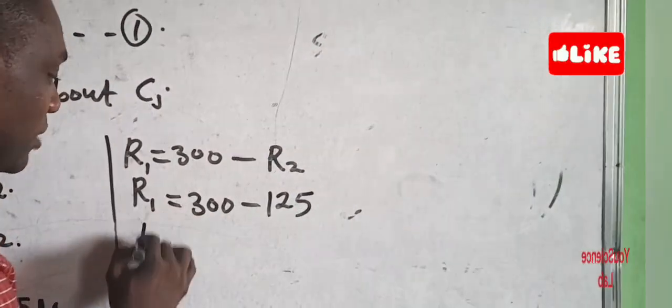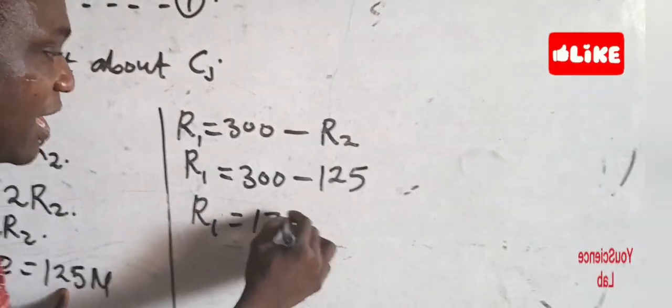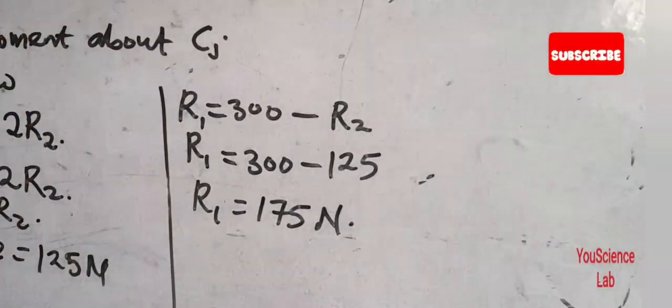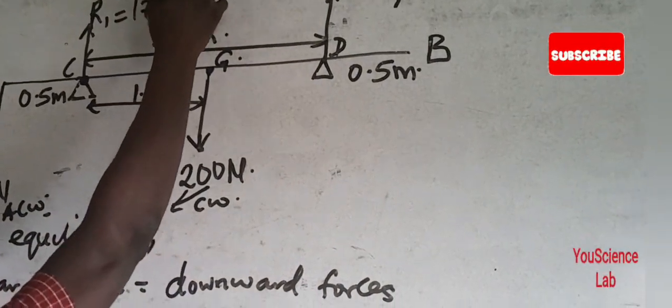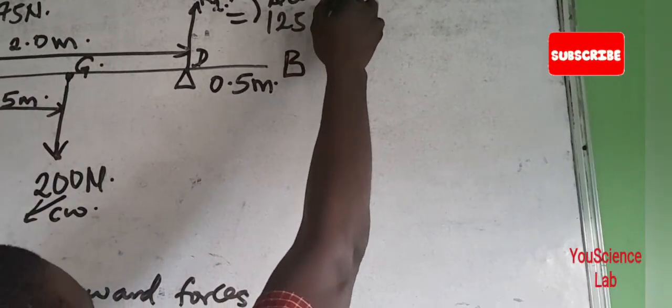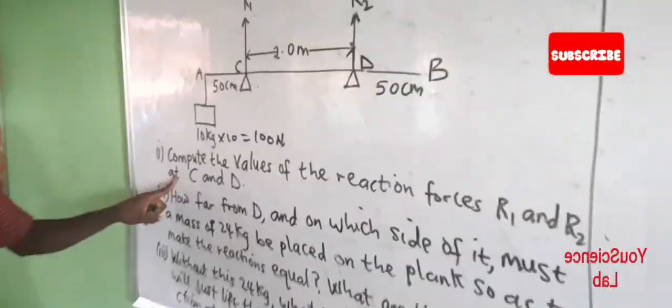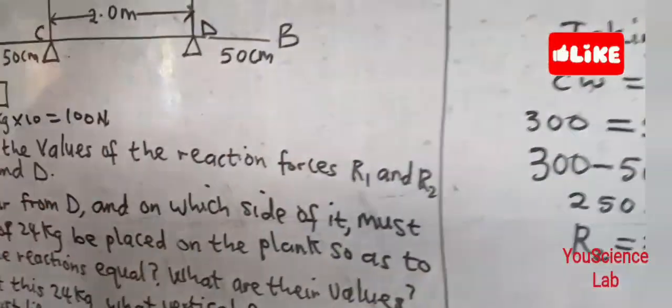So subtract that. R1 is equal to 175 Newton. So R1 is equal to 175 Newton, and R2 is equal to 125 Newton. So we have calculated R1 and R2.